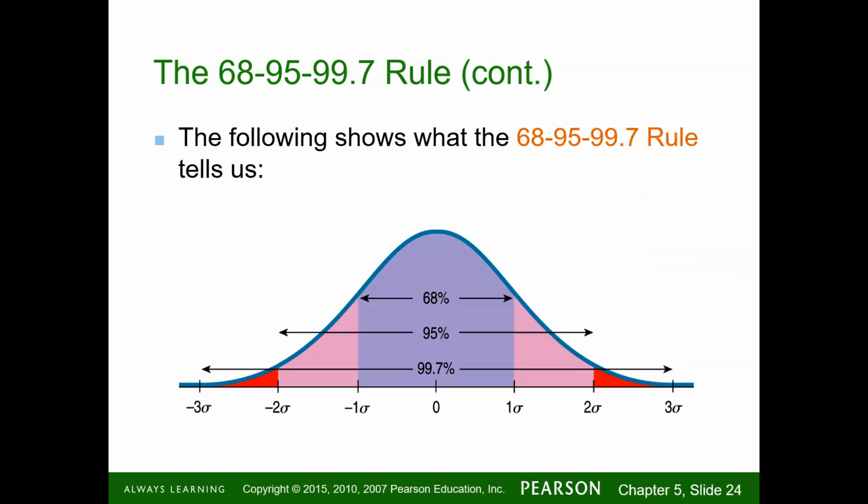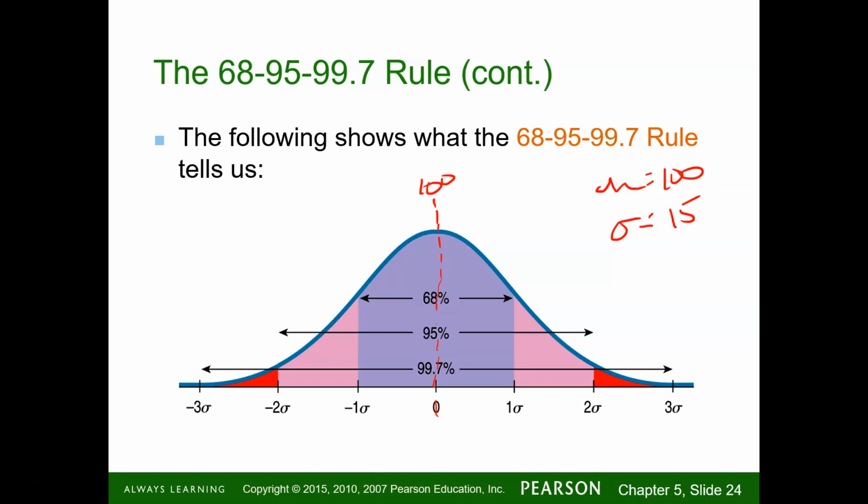You absolutely want to draw this right here, the model of the 68, 95, 99.7 rule. Say you had the middle right here, and the mean was 100, and the standard deviation was 15, like on that previous one. This mean right here would be 100, right in the middle.